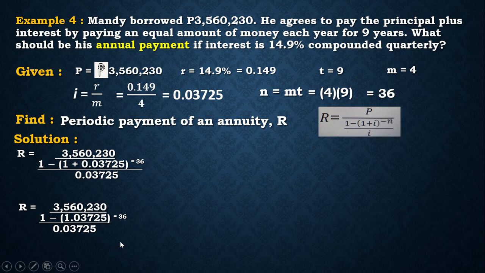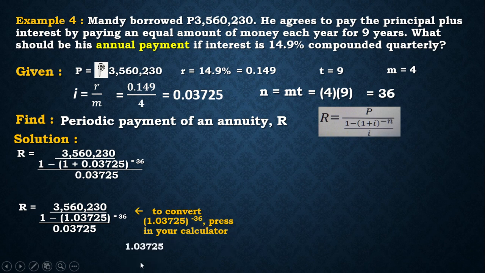The next step is to convert this part. Again, we should not touch these. When we convert, this is what we do. To convert 1.03725 raised to negative 36, press the following in your calculator. First, 1.03725. And then, if you see this symbol on the calculator, or this, or this, you can press any one of them.